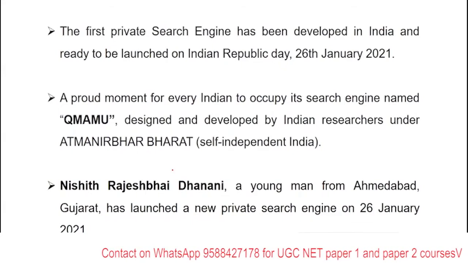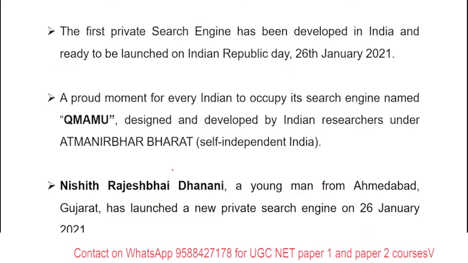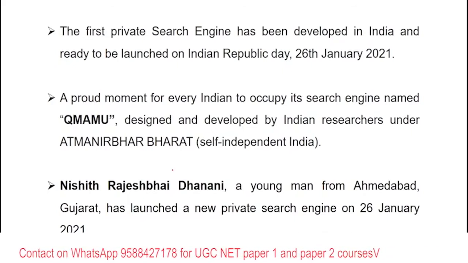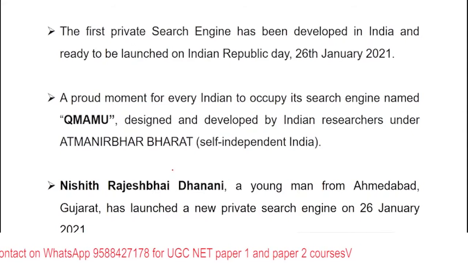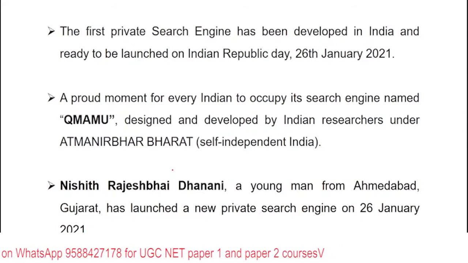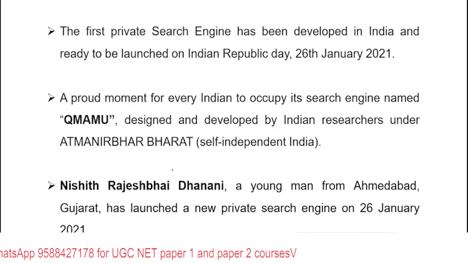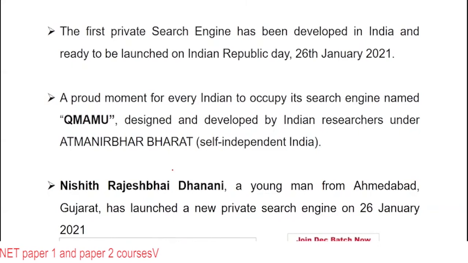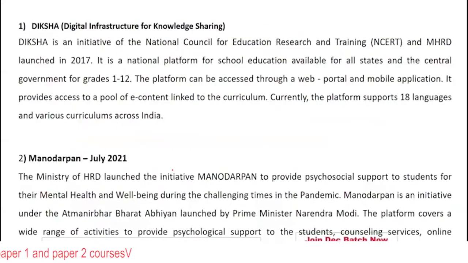The search engine name is Kosmik, which is designed by an Indian researcher under Atmanirbhar Bharat, that is self-reliant India. Rajesh Bhai Dhanani, a young man from Ahmedabad, Gujarat, is the one who launched this private search engine on 26 Jan 2021.